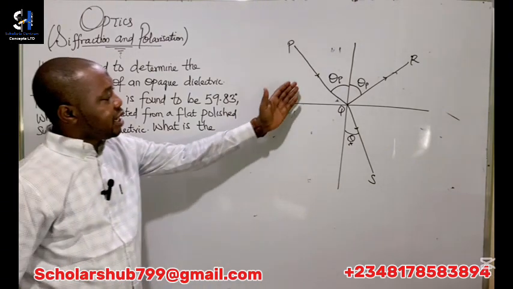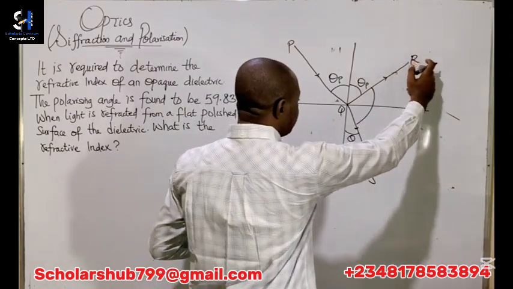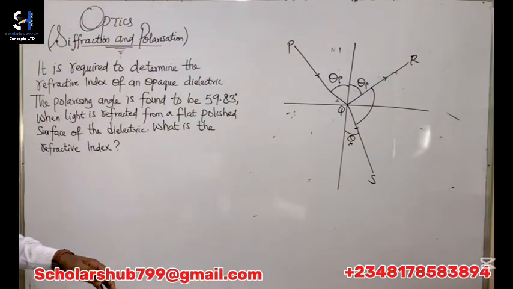Just like what I explained here, the angle between the reflected ray and refracted ray is always 90 degrees. There's no doubt about that.